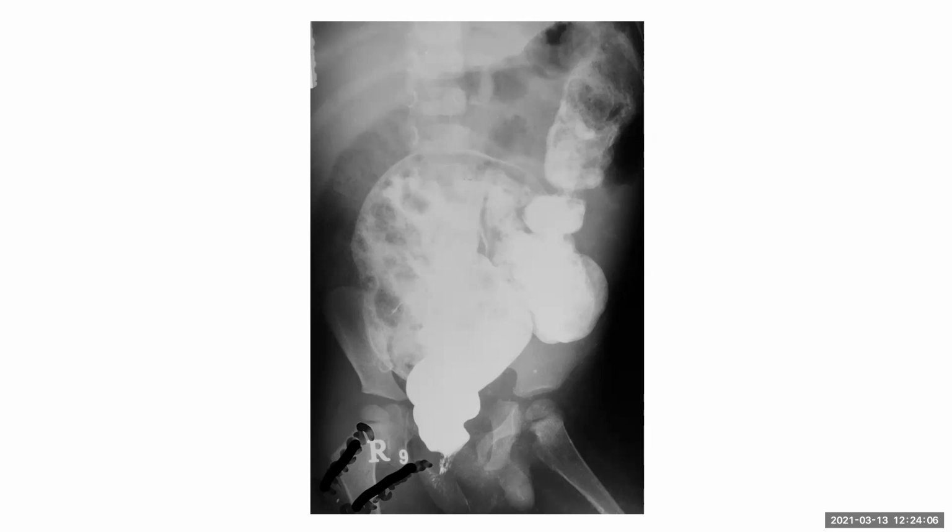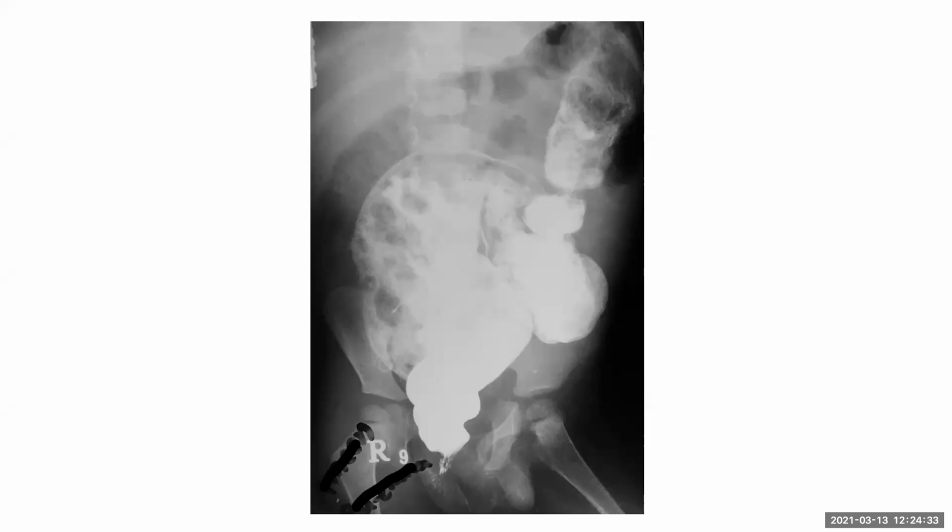So these findings are in keeping with Hirschsprung's disease. There are also multiple fecal pellets noted within the distended sigmoid colon, going with the constipation history of the child. I would convey the findings to the referring pediatrician and advise a rectal biopsy for accurate diagnosis of this patient.